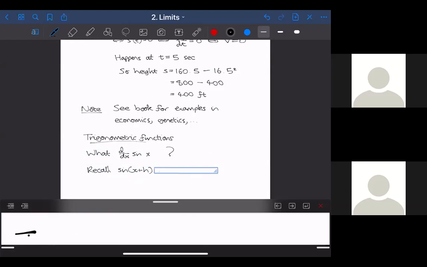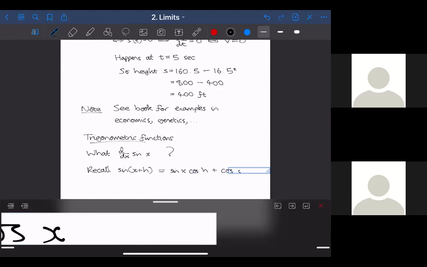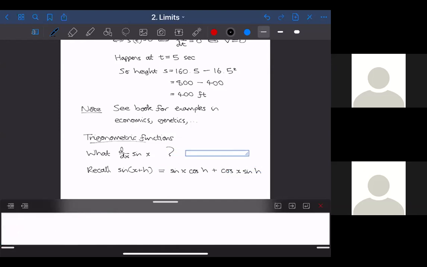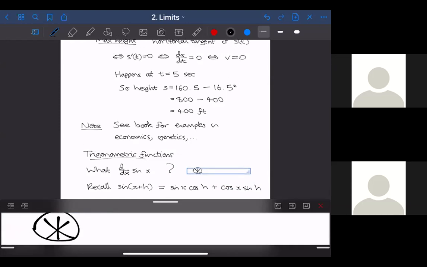We said this was sine x cos h plus cos x sine h. And we can use that to calculate the derivative.